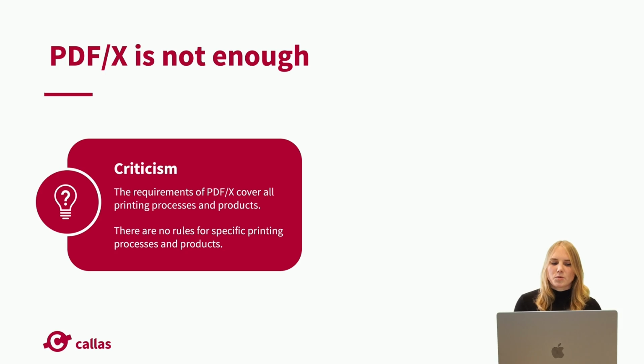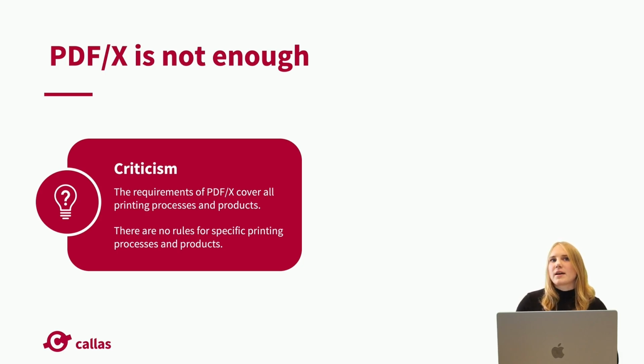And maybe to demonstrate that a little bit better, let's take an example of two different print products. On the one hand, we have a large format billboard, and on the other hand, a magazine ad. And if we look at one specific requirement, a classic example is image resolution. If we take these two print products and try to set up a general requirement for the minimum image resolution, what should that be?